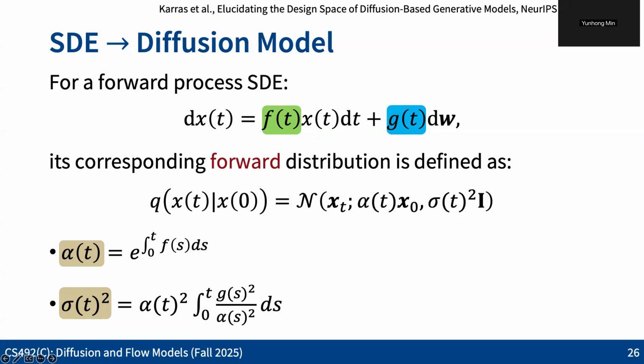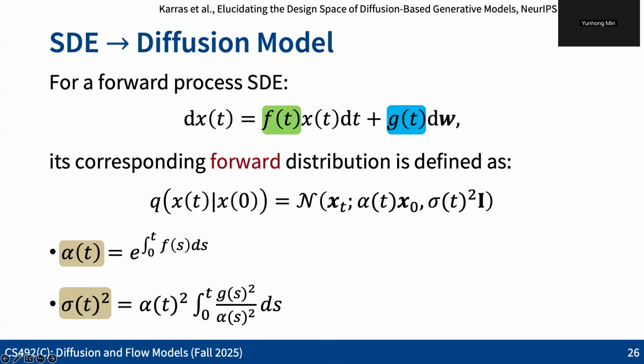Based on this, what you can see is that now we are seeing a connection between the forward SDE and the forward jump distribution, right? What we saw for the SMLD and the DDPM case in the previous slide was the connection from the forward transition distribution to this SDE, right? So now we are going to briefly see how these three things are aligned with each other.